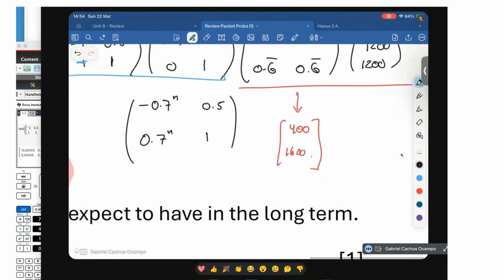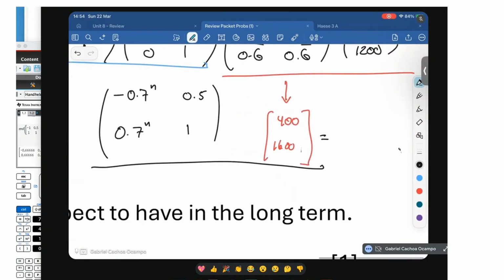Then I need to multiply both these two operations together. Look, the second part I cannot do in the calculator because it is like a symbolic expression.